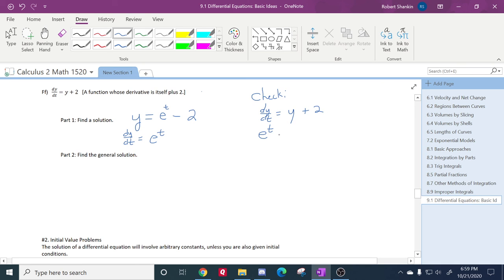For the y, I'm going to put a question mark, e to the t plus 2. So that's this y. No, e to the t minus 2.